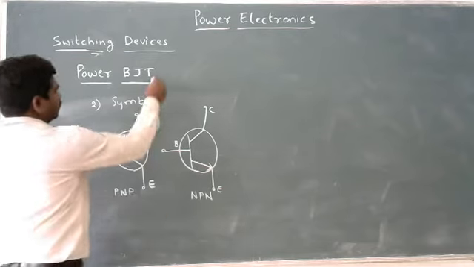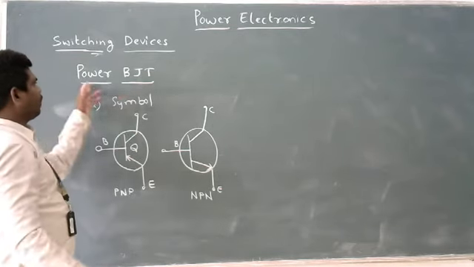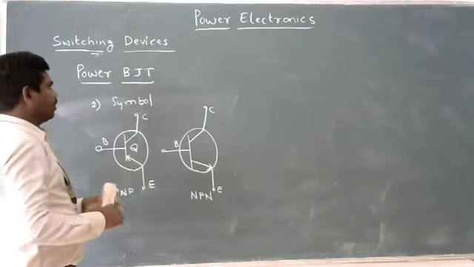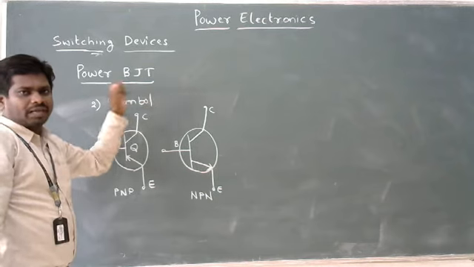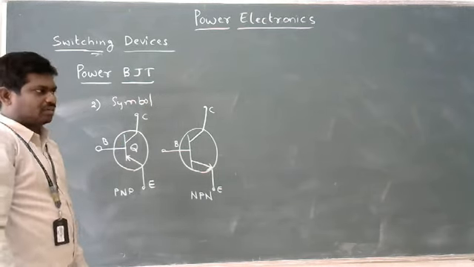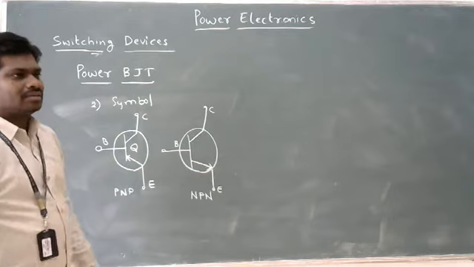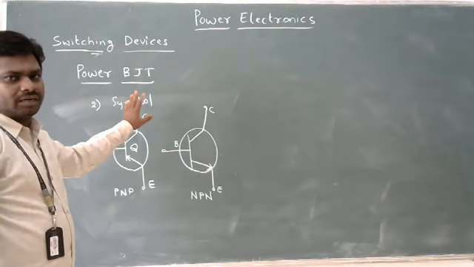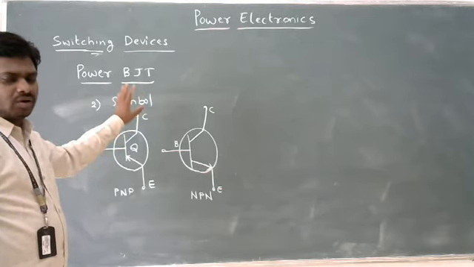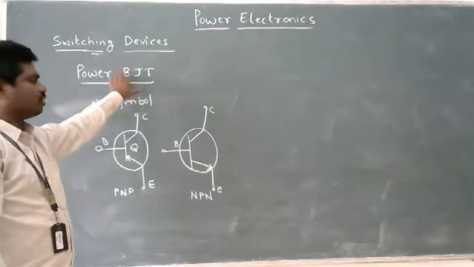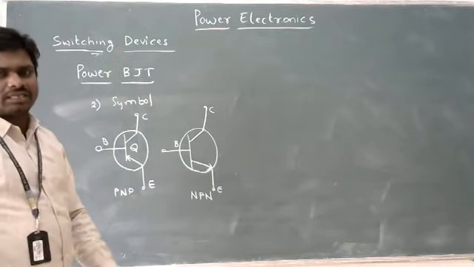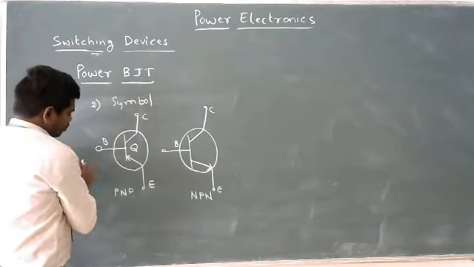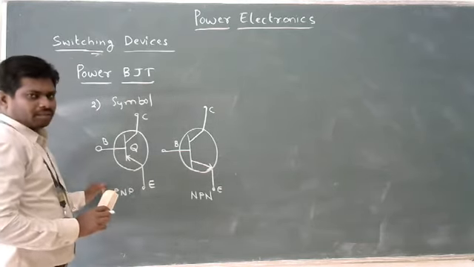And we know the power BJT and the abbreviation of this BJT: BJT means bipolar junction transistor. We got the idea in secondary itself, so the subject belongs to third year's first semester, and that's why I'm not repeating the abbreviation. BJT means bipolar junction transistor.